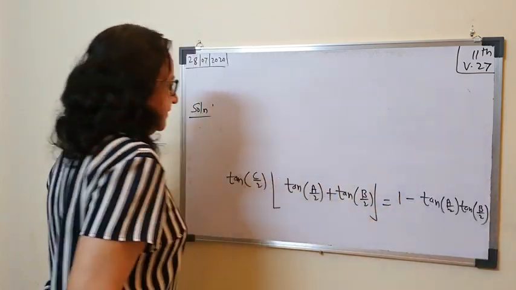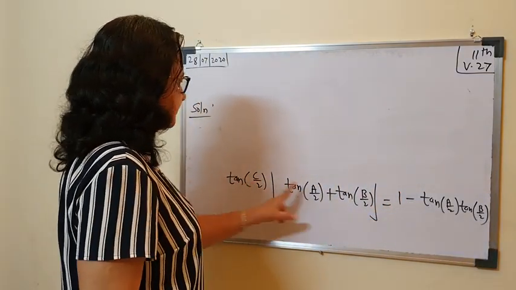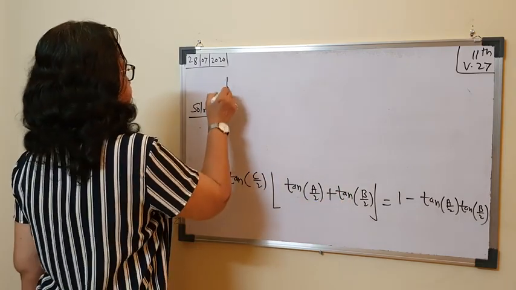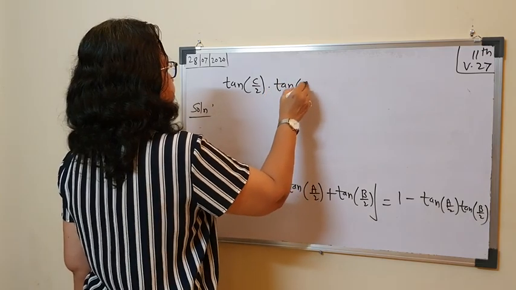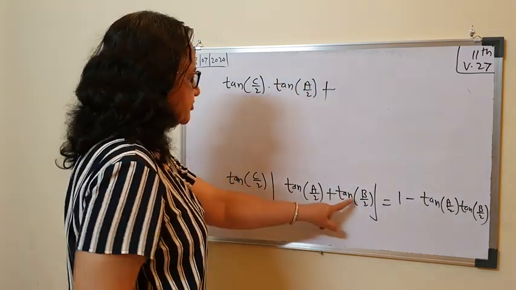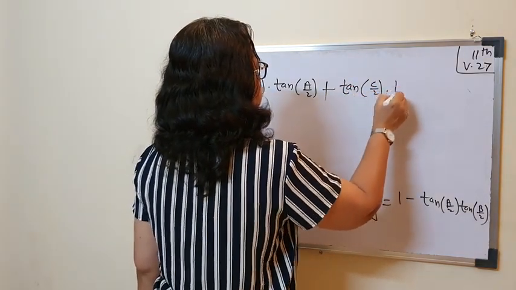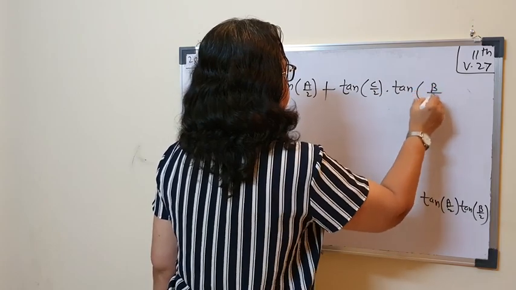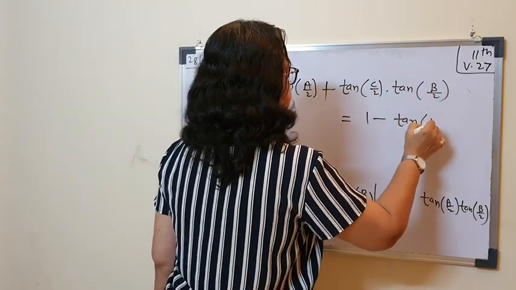And now open the left side, tan C by 2 into first term and then tan C by 2 into second term. So tan C by 2 into tan A by 2 first term plus tan C by 2 into second term, tan C by 2 into tan B by 2. All this is equal to 1 minus tan A by 2 tan B by 2.